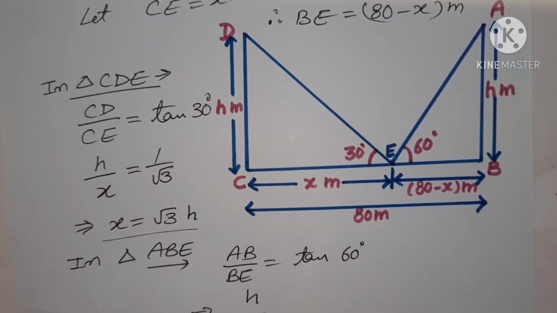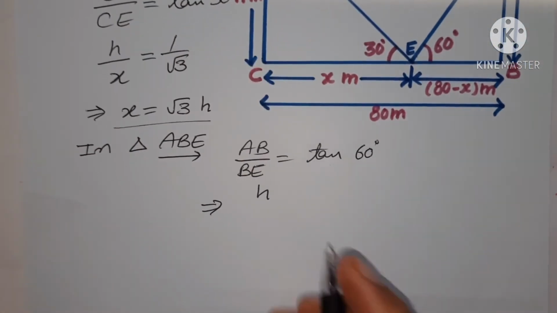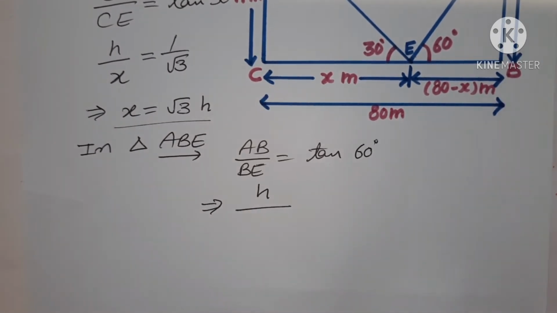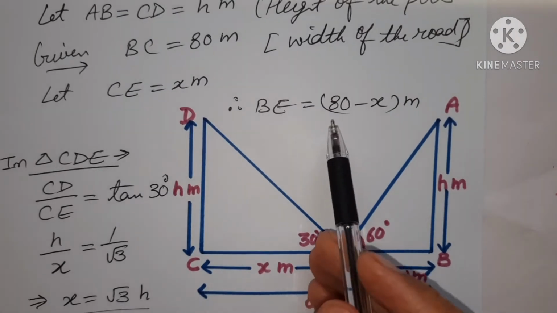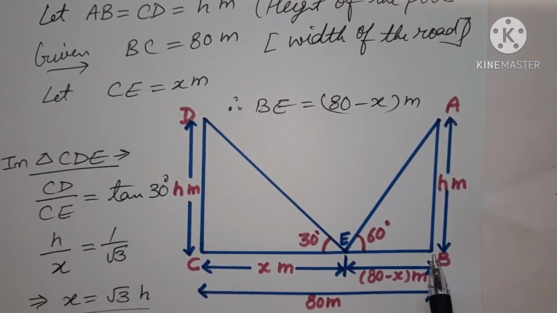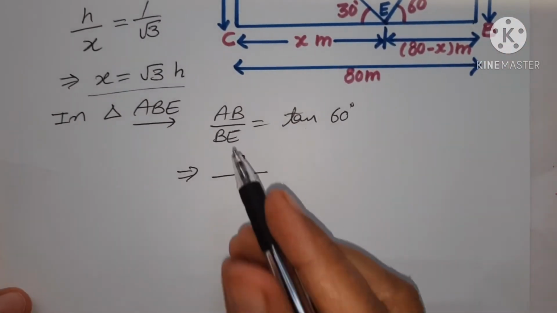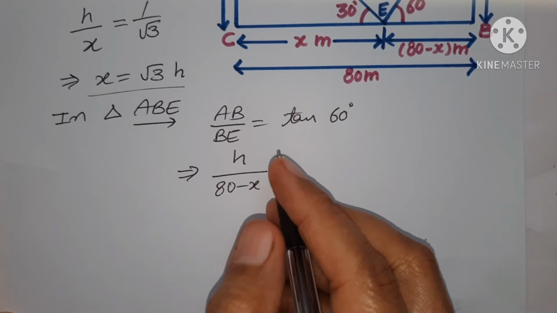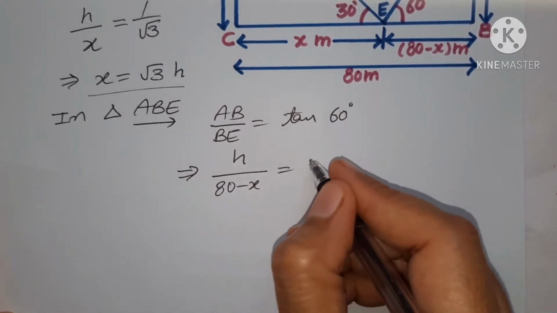AB is h, as we know, the height of the pole is h, and the value of BE is 80 minus x meter. So in place of BE we write 80 minus x, equal to tan 60.